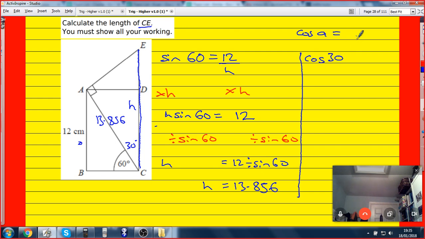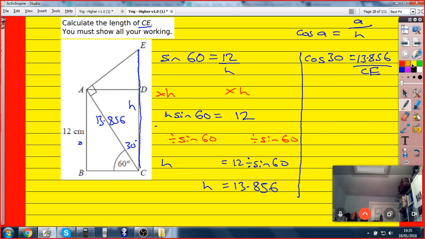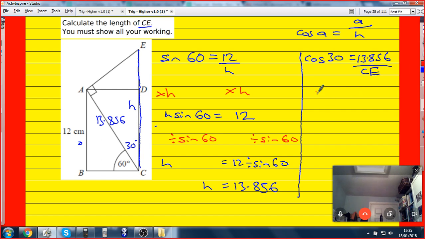Oh, we have the A. So cos is A over H. So then it equals 13.856 over X. I'll call it CE. Okay, so then we want to get the 13 point whatever on the other side. So do times it.